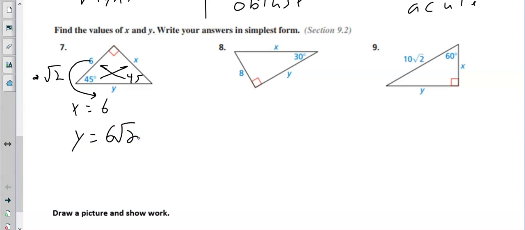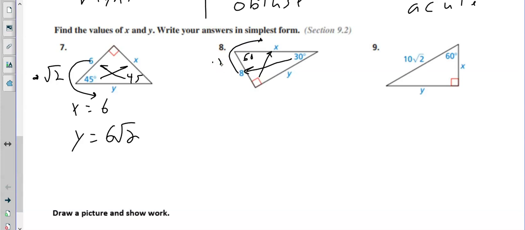All right, 30, 60, 90. Here's my 60. Now notice I'm in good shape here because I have the smaller number opposite the smallest angle, 30. So that's great. So always know where your hypotenuse is. It's a very simple relationship to go to the hypotenuse because all you do is double it.